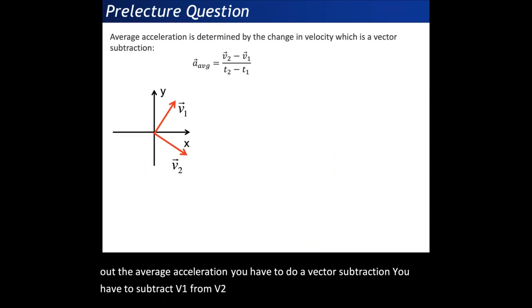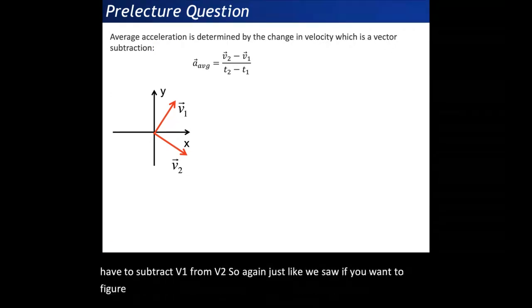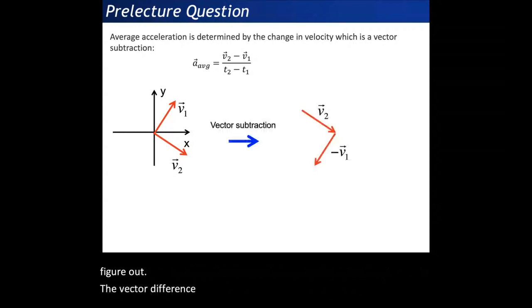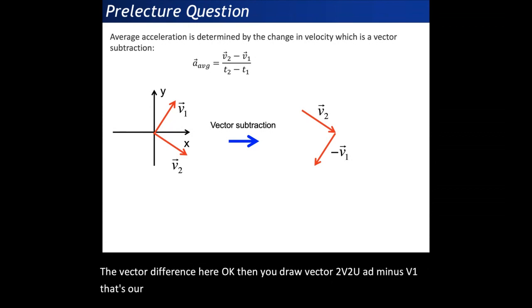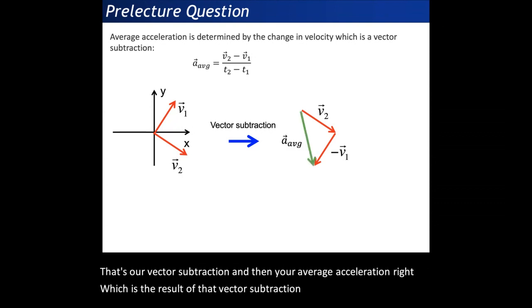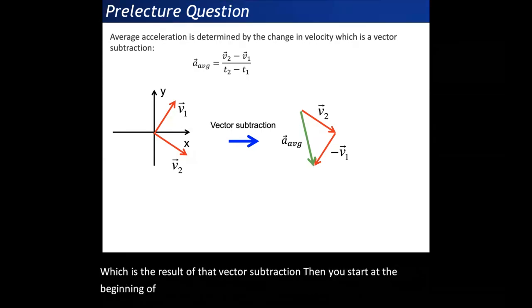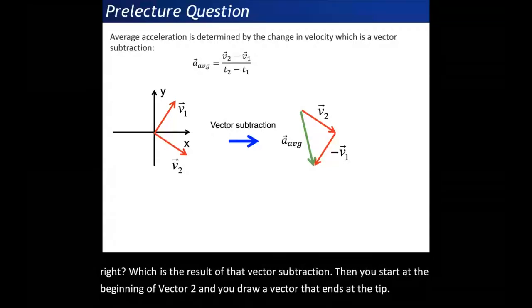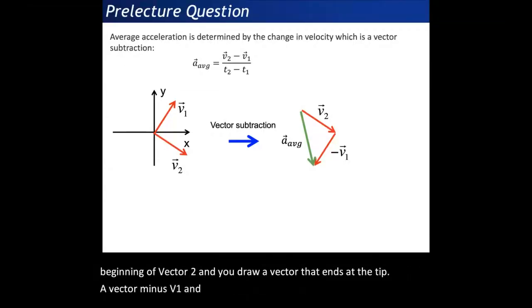Just like we saw, you draw v2, then add minus v1, that's our vector subtraction. Then your average acceleration, the result of that subtraction, starts at the beginning of v2 and ends at the tip of minus v1. That would be the direction of your average acceleration.